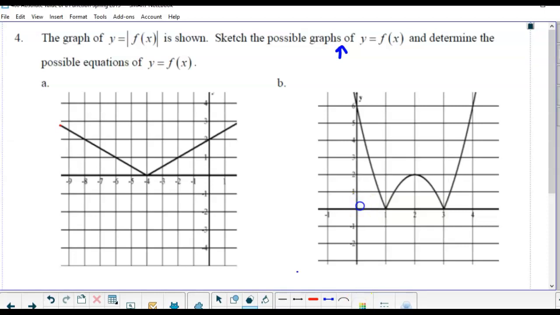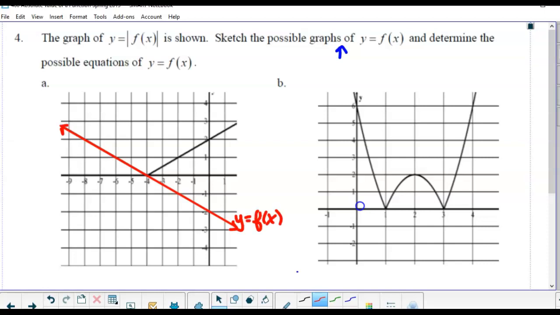If I had this line as my f of x and I took the absolute value of that, this would stay the same, which means it would be the black part that's already graphed here, and this would be reflected up. So this is a possible f of x.